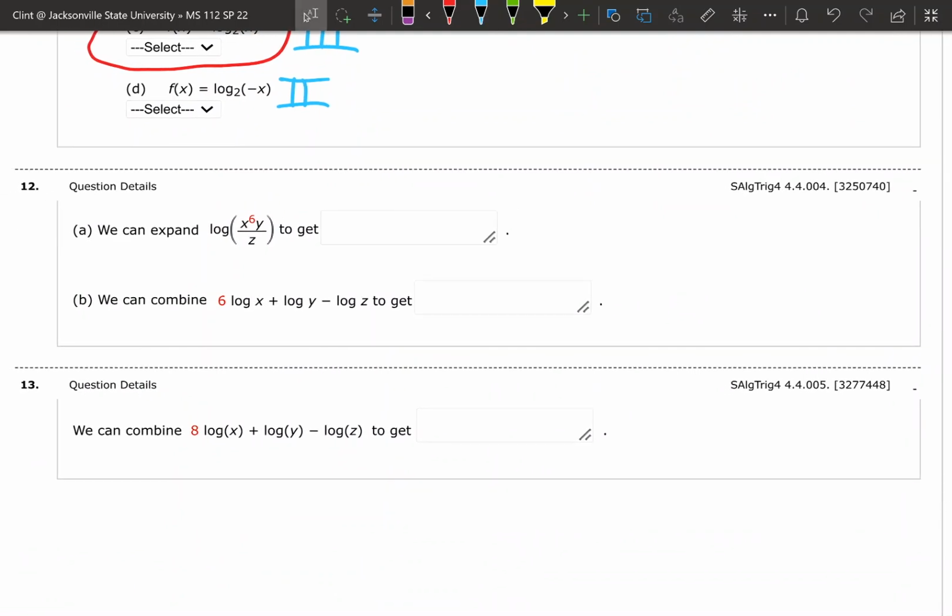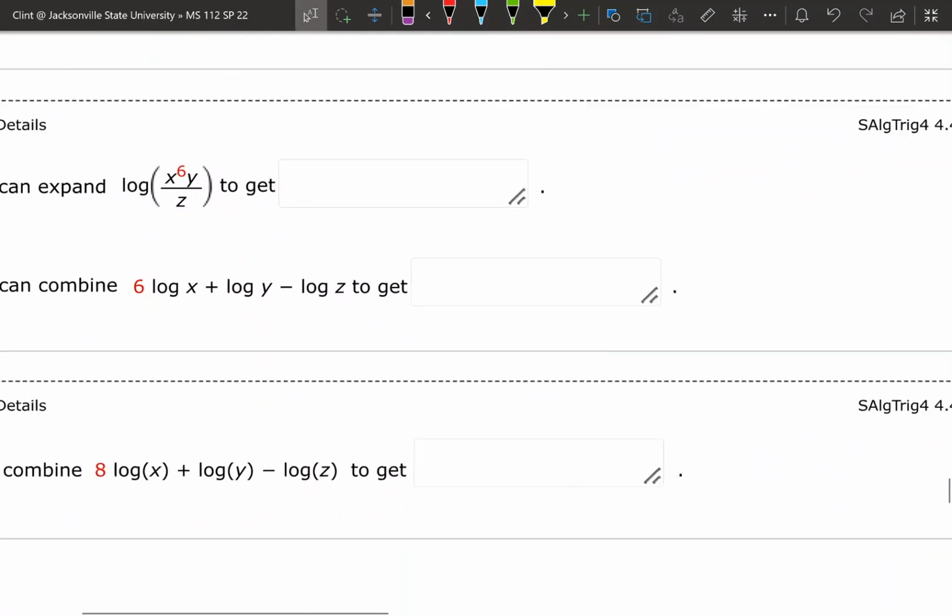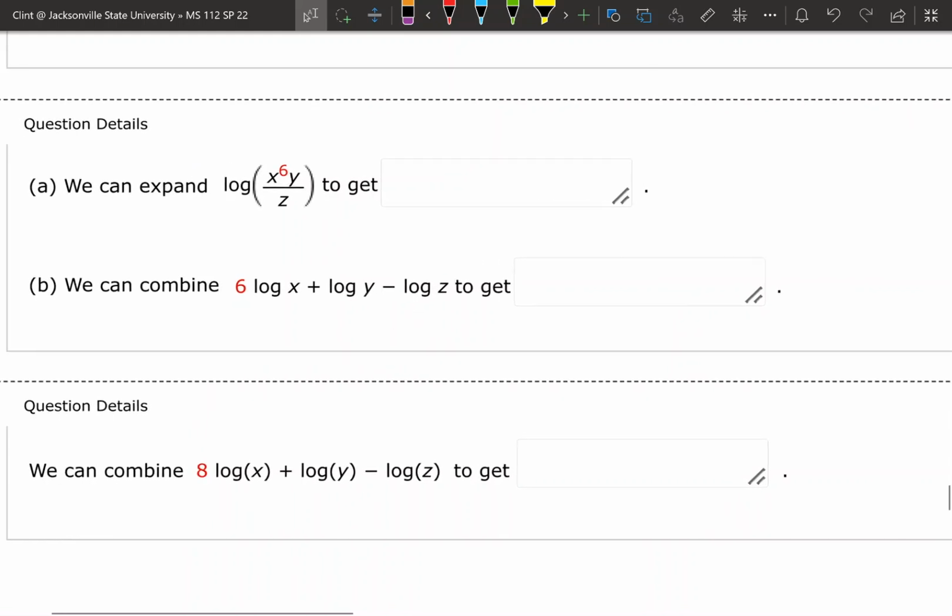Okay, number 12, using some laws of logarithms. It says expand. So we're trying to split it up into multiple logarithms. One thing we could do, we've got a fraction in there, so we could split the top and the bottom of the fraction up.